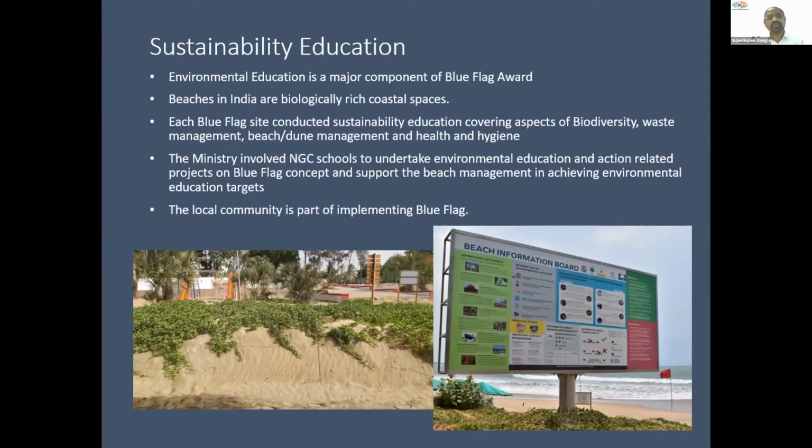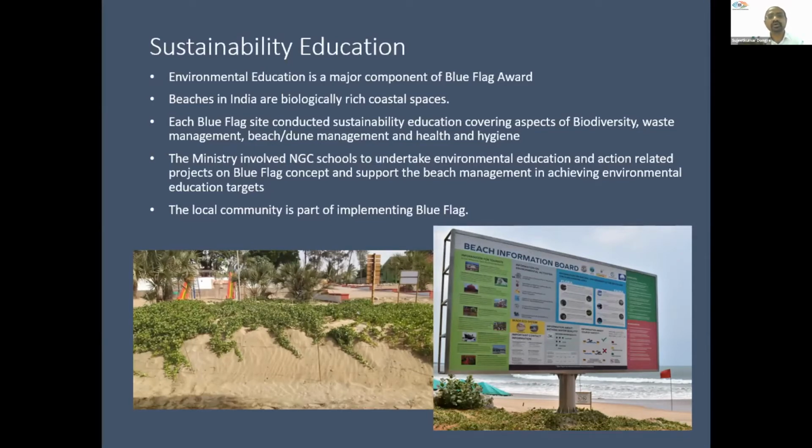Now, Blue Flag, as I said, has sustainability education as an integral part, and we have been able to do that. The different types of education that we are conducting all along the Blue Flag beaches include biodiversity conservation, because since we are a tropical country, our beaches are very rich in the biodiversity they host.